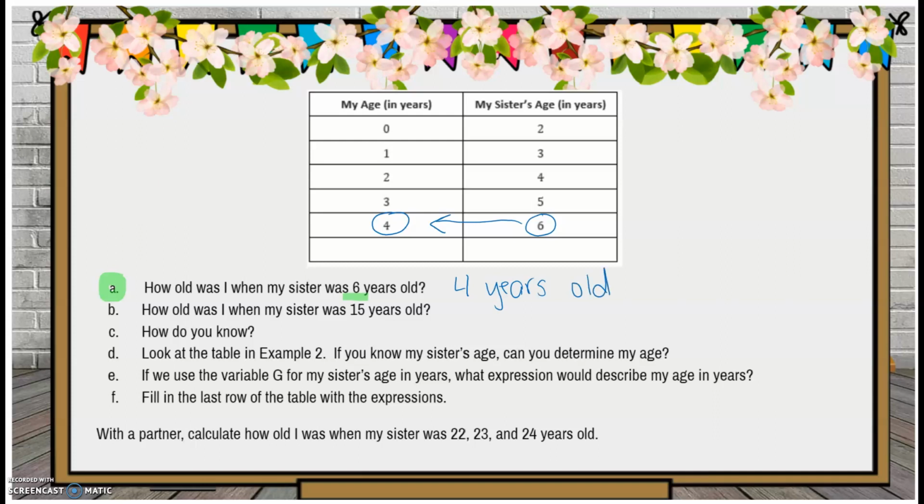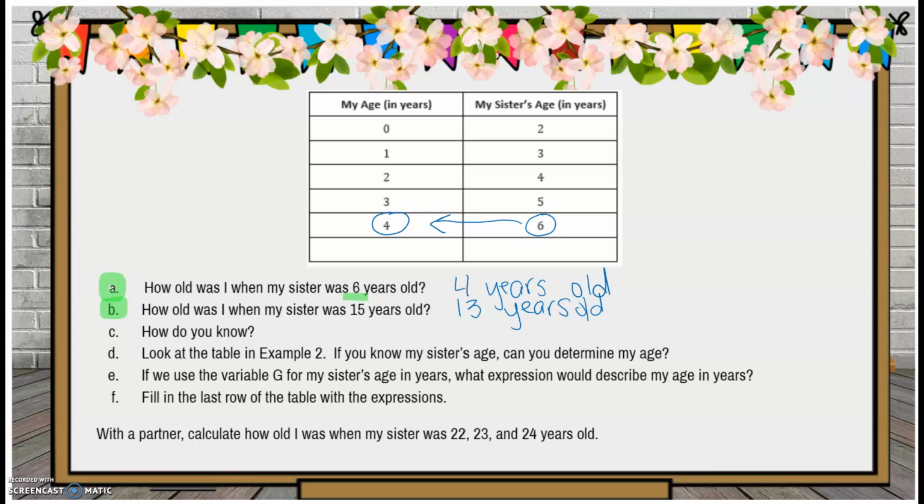So how old was I, question B, when my sister was 15 years old? So let's look at how we go from my sister's age to my age. From 6 to 4, we're subtracting 2, so on and so forth. So when my sister is 15, I can subtract 2 and assume that I am 13 years old. How do I know?